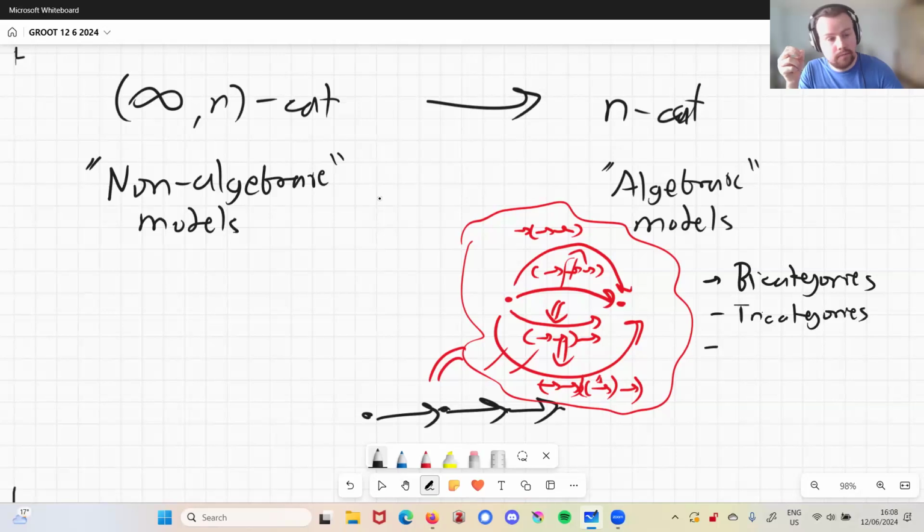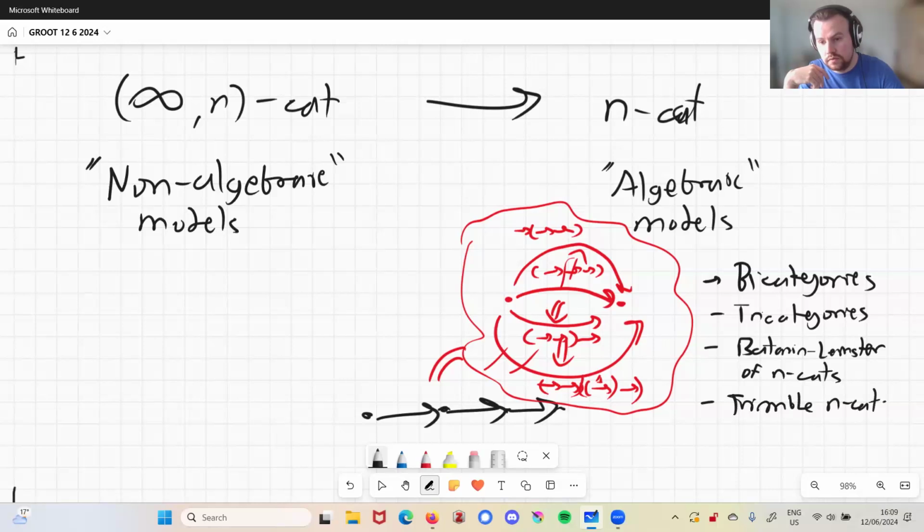We'd have more, perhaps less well-known models, such as the Batanin and Leinster models of n-categories for all n. We'd have Trimble n-categories, and so on and so forth. There are several of these models. The idea is that for a chain of morphisms, you should know how to do the composition. You have operations that do composition.